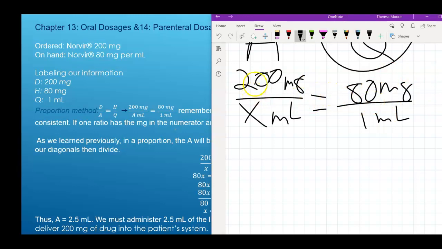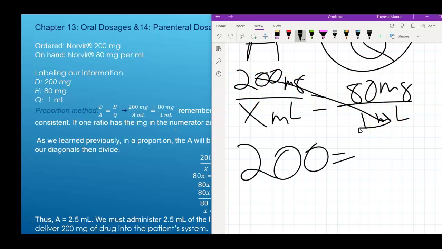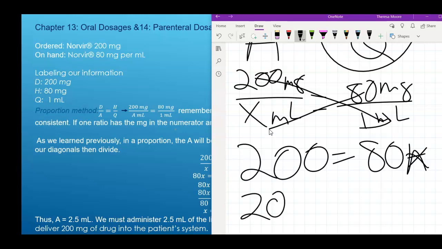Cross multiply, so we have 200 times 1 is 200. And then you have your 80, you could say 80 times X, or if you want to call it A, because A is the amount to administer. Doesn't matter. So we have to take our 200 and divide by 80 to get A, or the amount to administer.